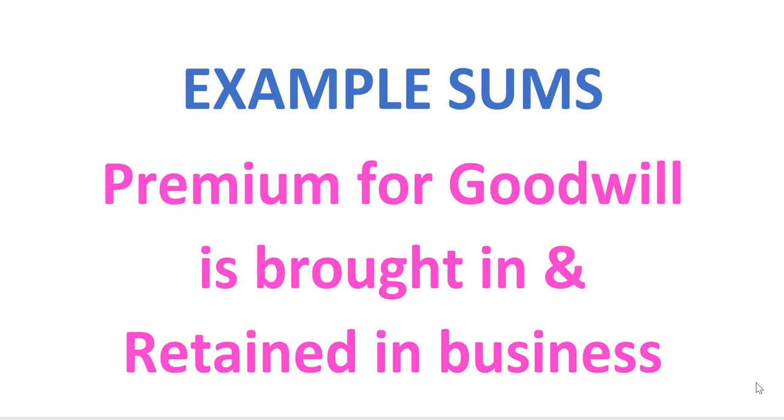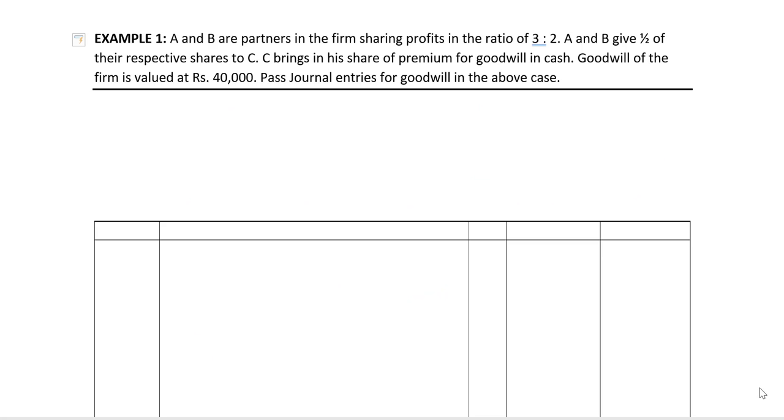Example sums in the second method. Premium for goodwill is brought in and retained in business. Let's go to the first example under this method. Example 1. A and B are partners in the firm sharing profits in the ratio of 3:2.